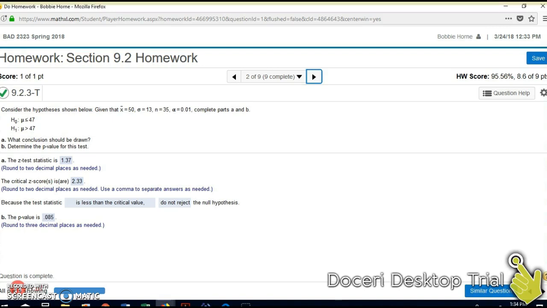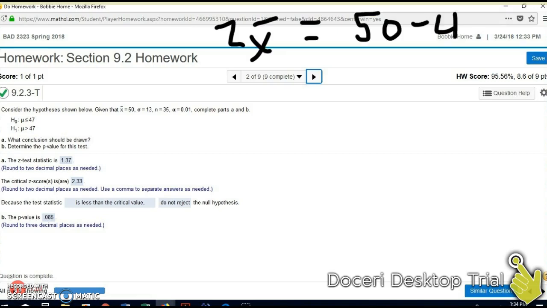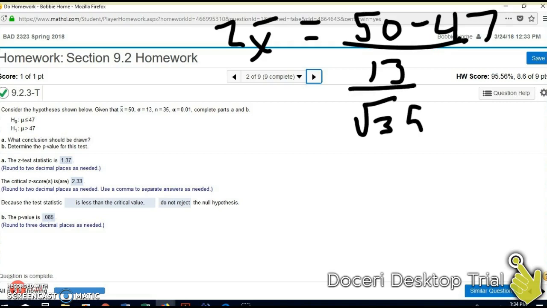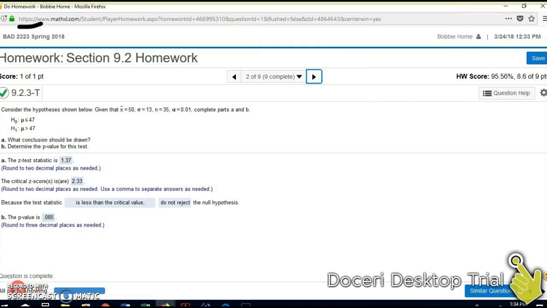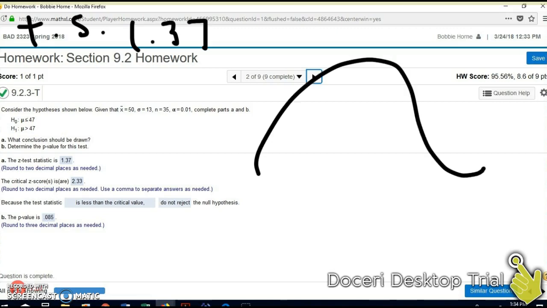This is question 2. Our z value was 50 minus 47 over 13 divided by the square root of n, which was 35. So for your test statistic, you end up getting 1.37, I believe. And for your critical z-score, first of all, it's a right tail test because greater than means right tail.